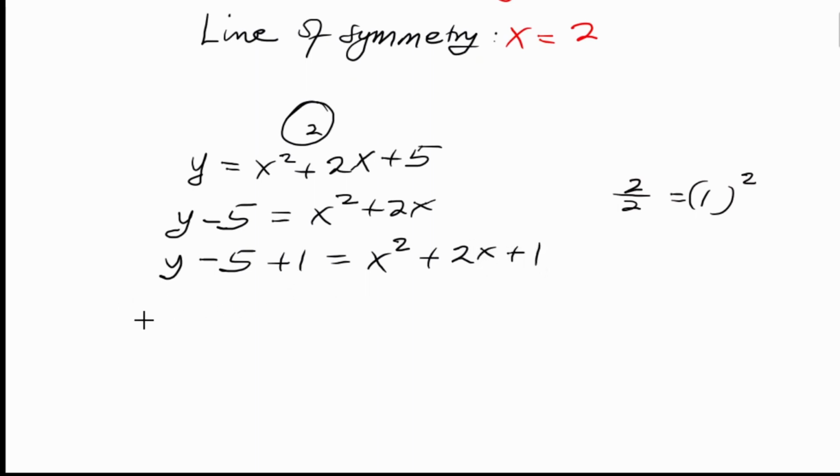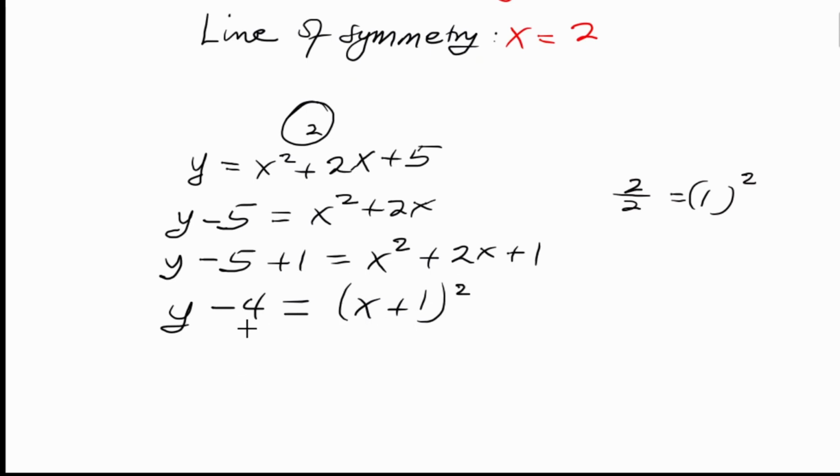And simplifying the left hand side, we are going to have y minus 4 equals, the right side is now a perfect square because the square of half of 2 is 1. So that becomes x plus 1 all squared. That means we factorize it.